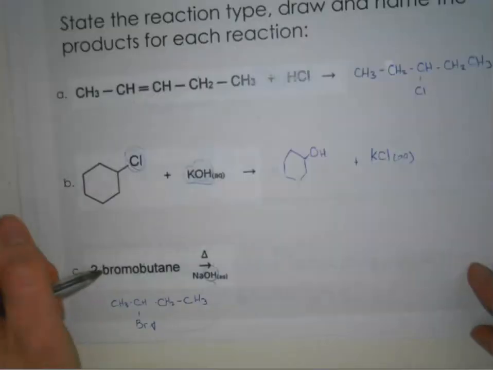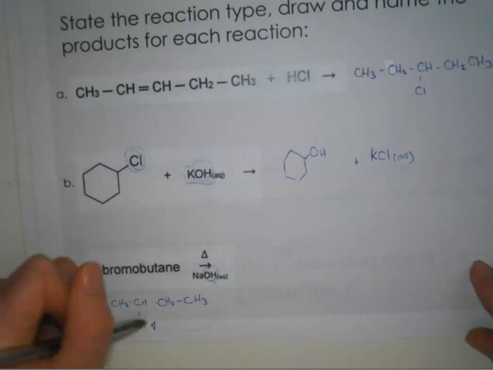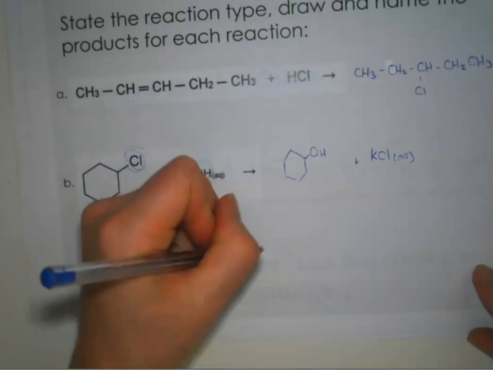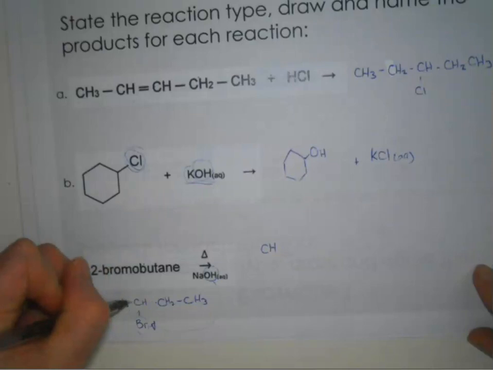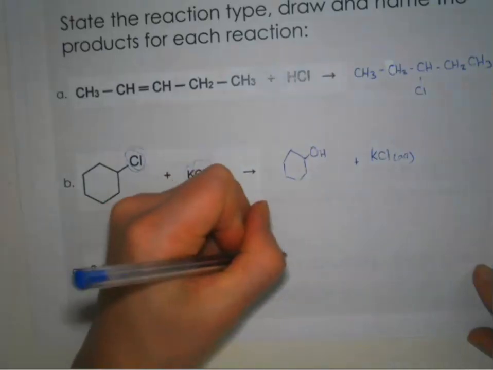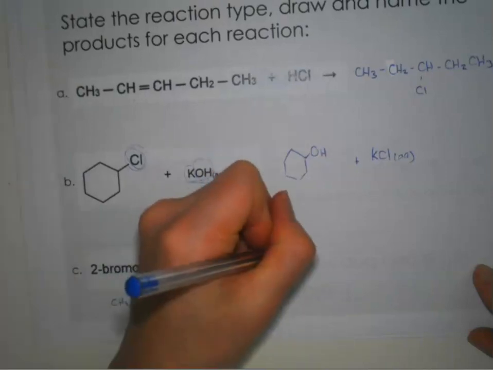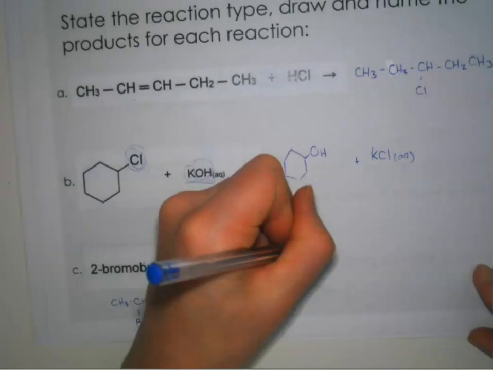So basically we're going to end up with this replaced by a double bond, and so if this one is replaced, you could have a double bond here or here. If the double bond is there, we're going to have CH2 double bond CH, CH2, CH3.